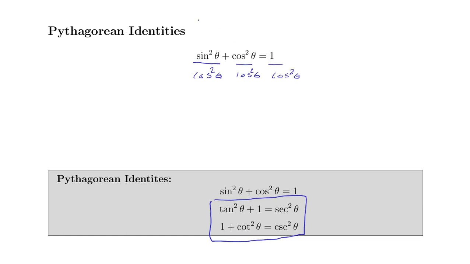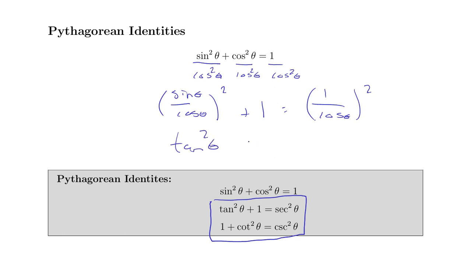And suddenly, we have sine theta over cosine theta squared plus 1 equals 1 over cosine theta squared. While sine theta over cosine theta is really tangent. So there's our tangent squared theta plus 1. And 1 over cosine, we said by the reciprocal identity, that's secant. So we get tangent squared theta plus 1 equals secant squared theta.